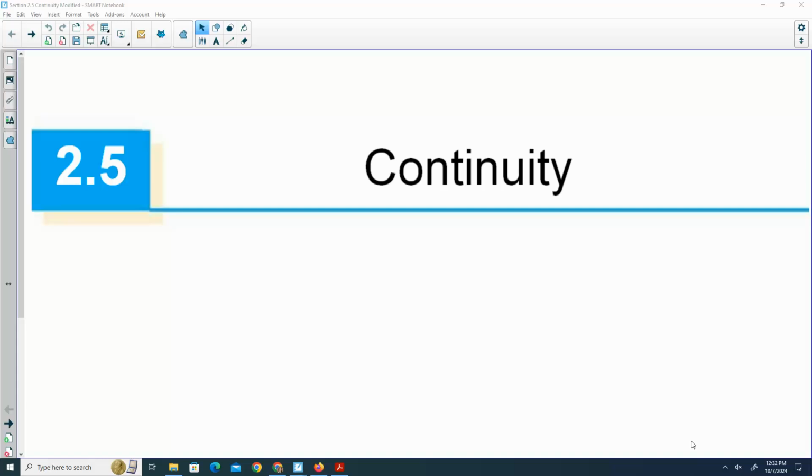If you were to look up an answer to one of these, their answers are going to look a little bit different than ours, because I want you to understand what continuity means more than writing it in calculus type notation. So we need to know what this means as we move forward, and that is my focus.